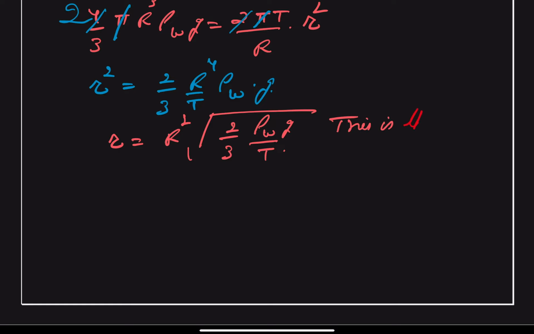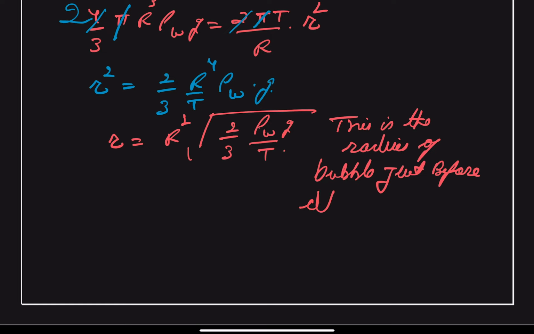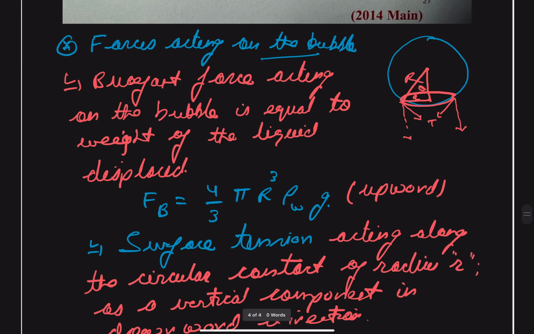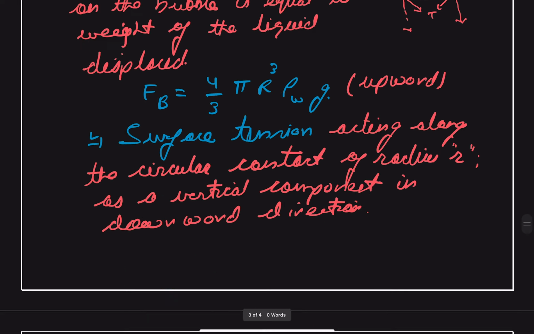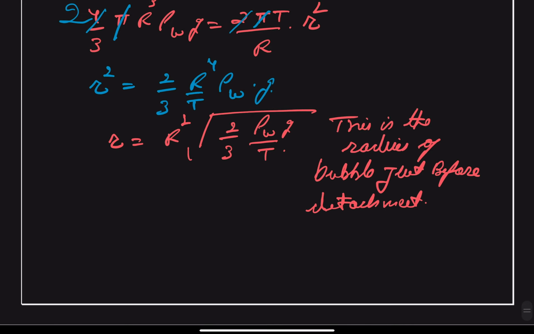And of the options that are given to us, option A will be the correct option. You can write that option A is correct.